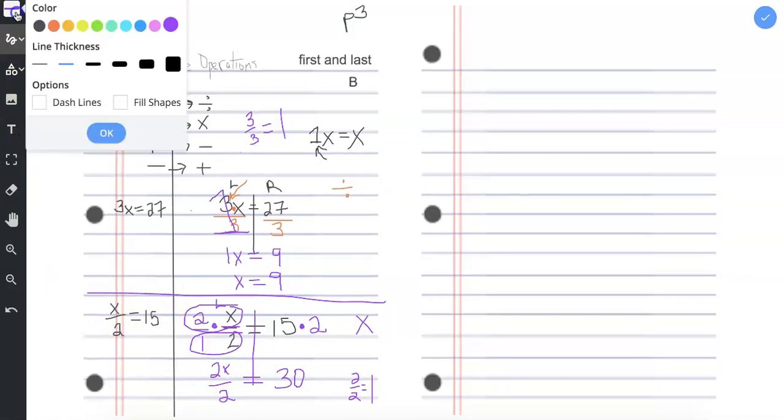So what I'm going to do is I'm going to go over here and I'm going to actually draw a 1 through that, because 2 divided by 2 equals 1. And I'm left with 1x equals 30. All right? So that's the same thing as x equals 30.